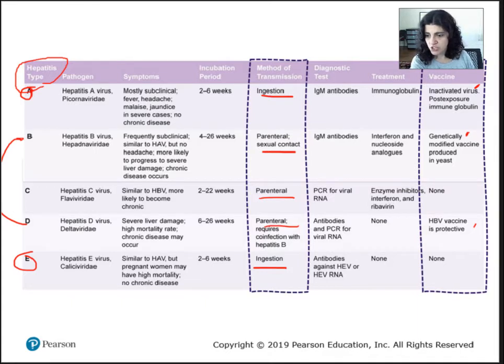I just want to mention that the number of cases in the United States in 2018 was higher for hepatitis A, around 12,000 cases per year. And second came hepatitis C with 4,000 cases, and B with 3,000 cases.